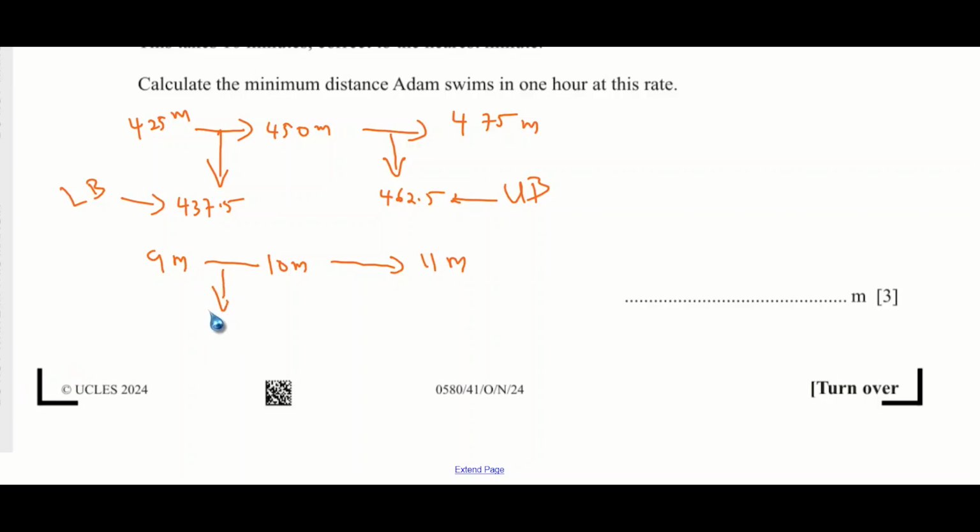So that will be 9 plus 10, that is 19. 19 divided by 2, that's 9.5 minutes. Okay, so this is also the lower bound. And the mid number here will be 10 add 11, 21 divided by 2, that is 10.5. So this is the upper bound, we have the upper bound here.